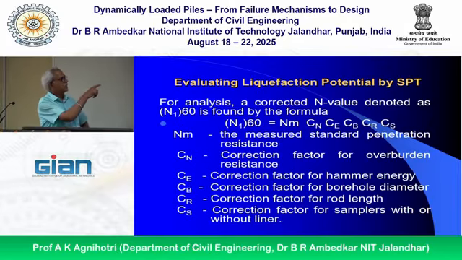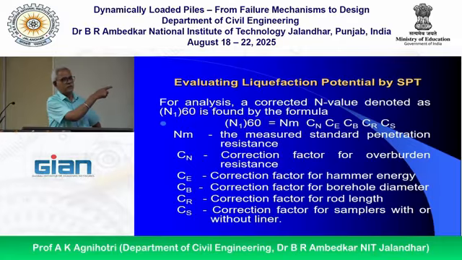Here it is written N160. N160 because there is energy loss when hammer energy is given; approximately 60% of the energy remains, that is actually applied. So that's why they have named it N160.